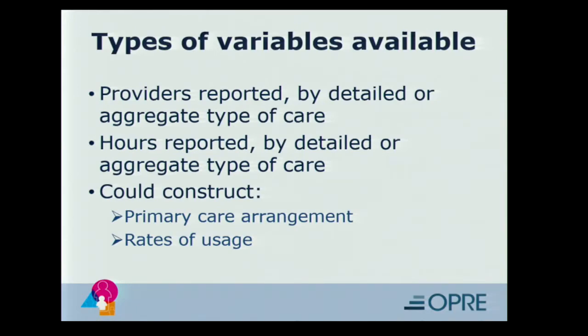And that provider is then assigned both a detailed type of care, which is in a variable series called summary p-type, and then an aggregate type of care, which is a much shorter list of type of care options, and that variable series has AGG in the variable names.